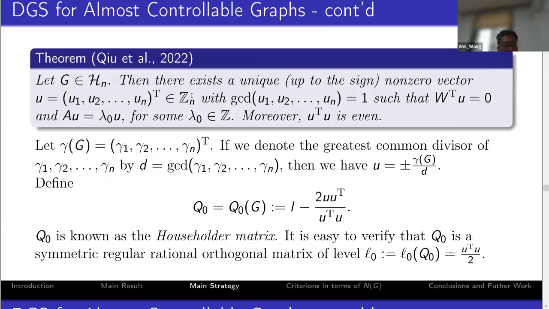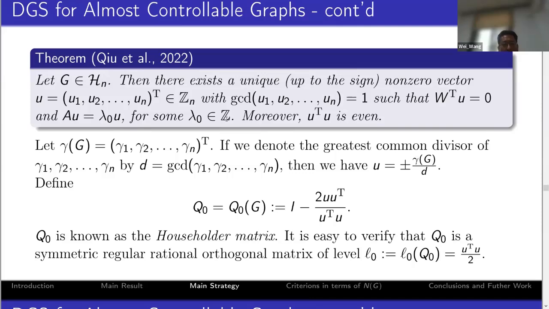It's an integral vector such that all its entries are co-prime, U is in the null space of the transpose of W, and U is an eigenvector of A with the integer eigenvalue lambda 0. Moreover, the square of the length of U is even.